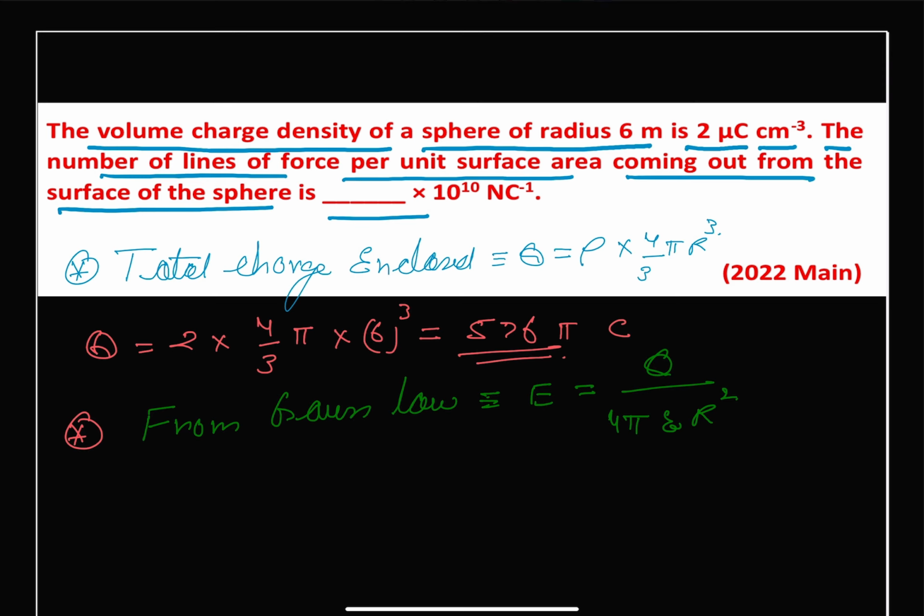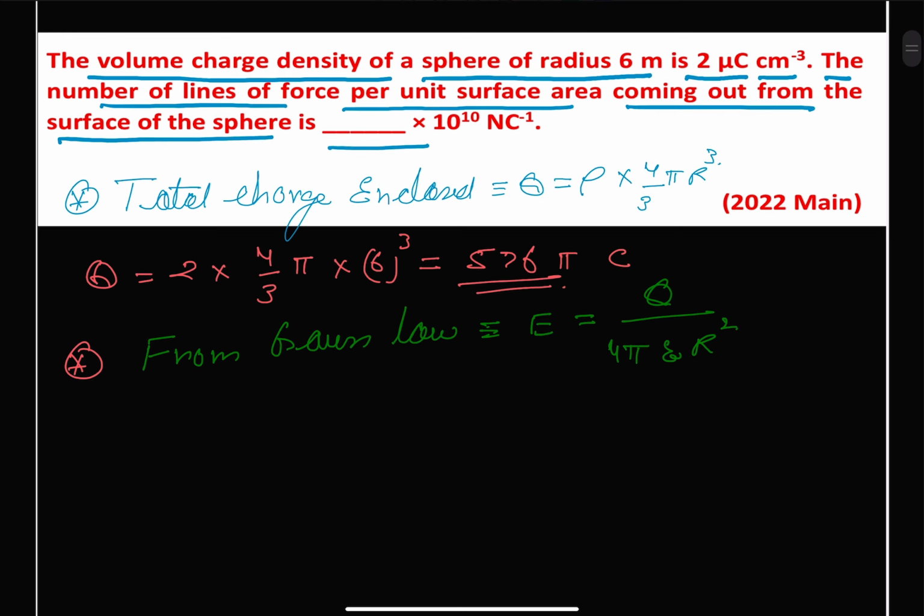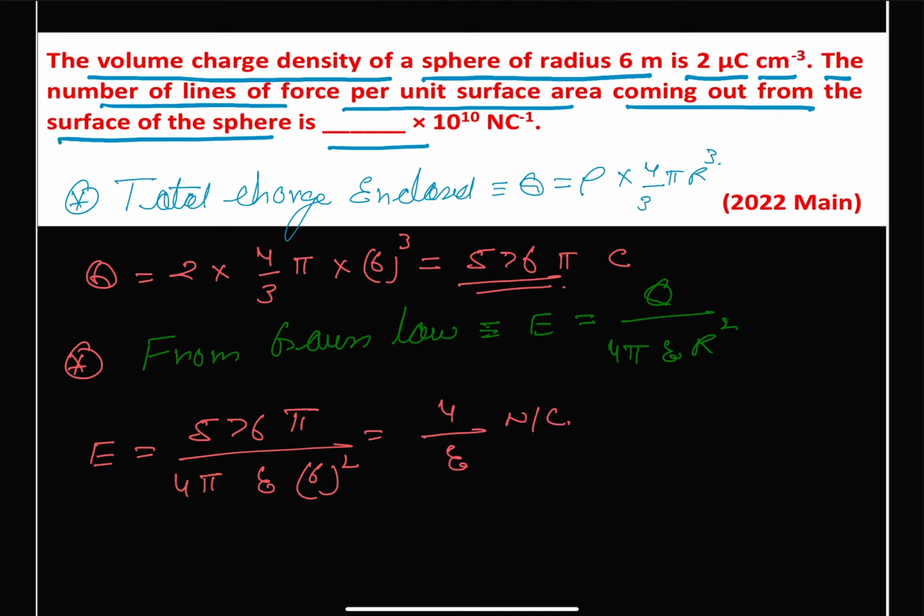We substitute the value: electric field is equal to 576 pi upon 4 pi epsilon naught times 6 whole square. So we get this as 4 upon epsilon naught Newton per coulomb, and we have to find out the number of lines per unit area.